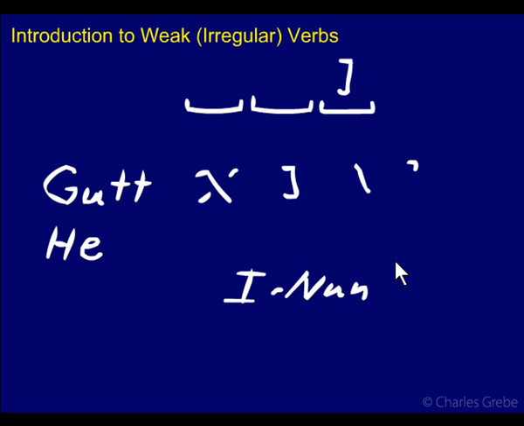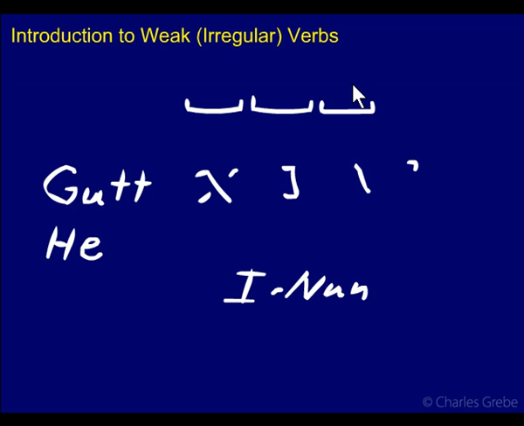And if you look at the back of Ross, his charts starting from page 546, you'll see at the top of each chart the name of the type of weak verb that he's featuring on that page. So for instance, on page 546, it says first guttural verbs. So that would mean that we have a guttural sitting here.